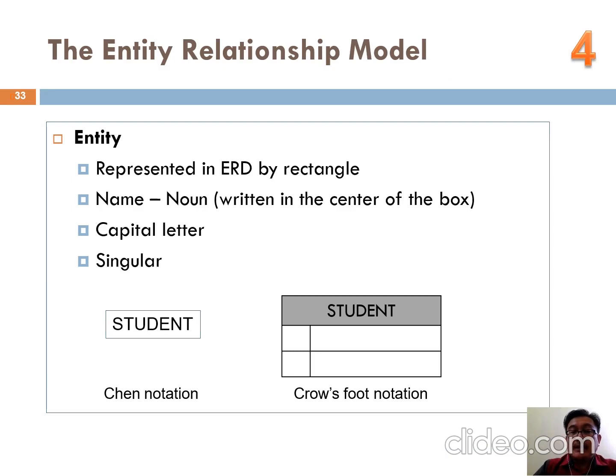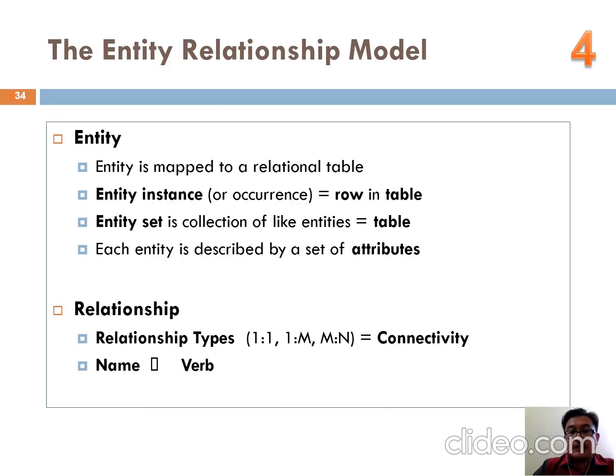The entity, as we mentioned just now, is something that can hold data in the database, for example a student, and it can be represented. There are two ERD notations, Chen and also crow's foot. Usually we will be using the crow's foot notation.